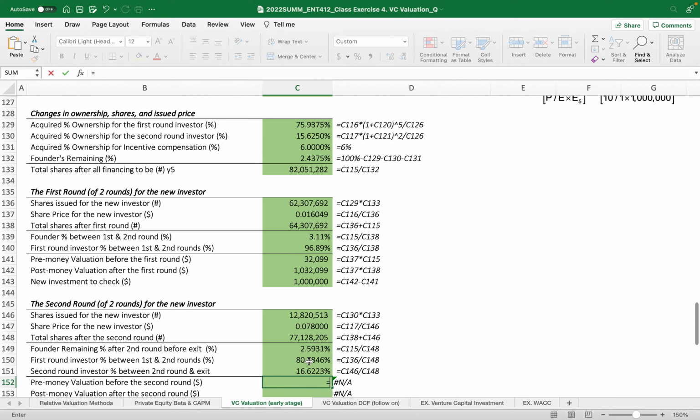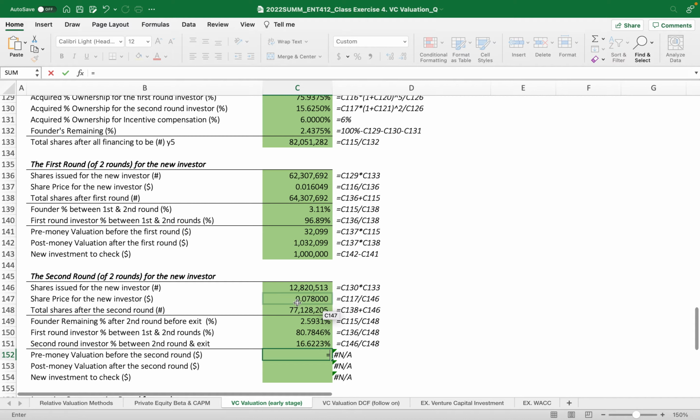Now let's calculate the pre-money value before the second round from this stock price per share times, right? How many shares was the pre-money valuation before the second round? That's the point. Where is it? Right, here we go. 64 million, right?